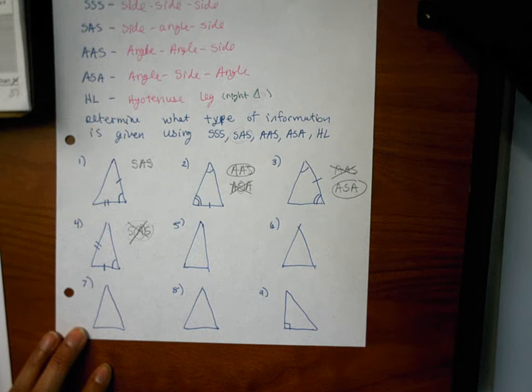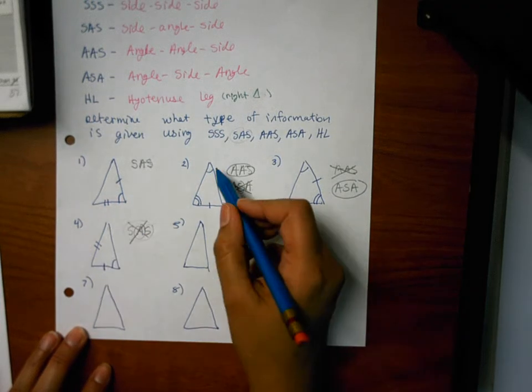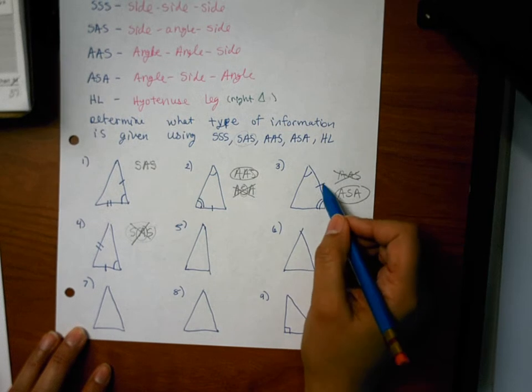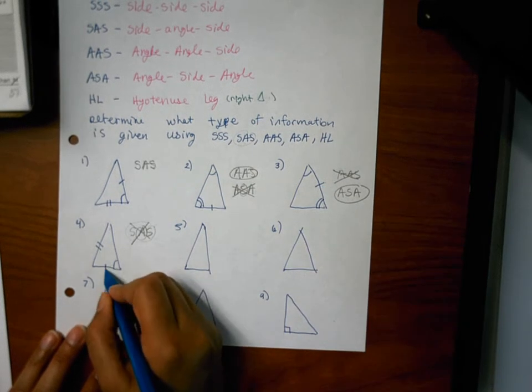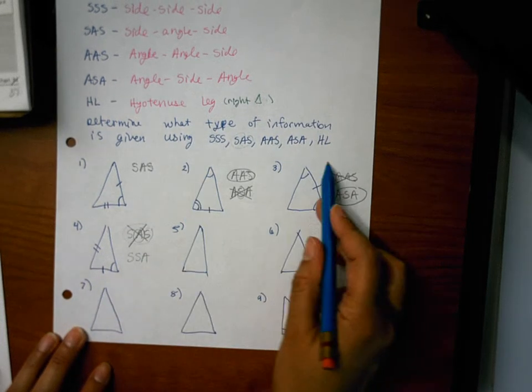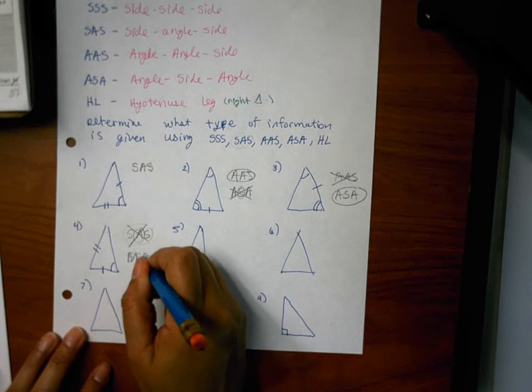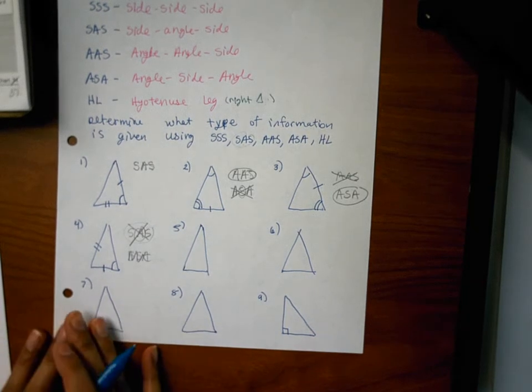No. So if I'm reading in order, what you always do, you see SAS, side, angle, side. I would read this as side, angle. Is there a side, angle up here anywhere? No. So you'd really get it wrong if you put that. That's not even a possibility. Got it?